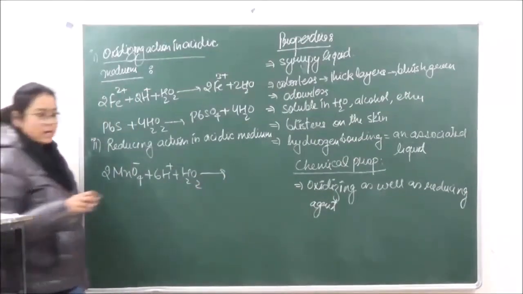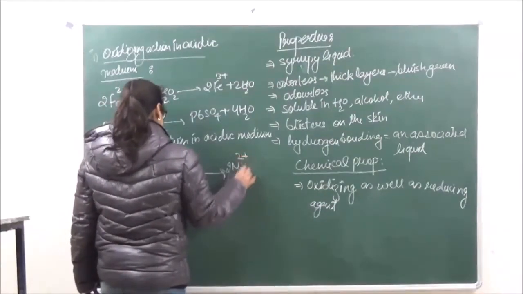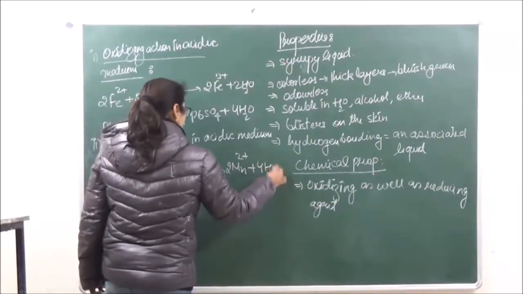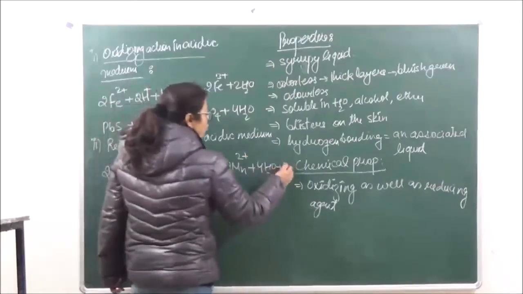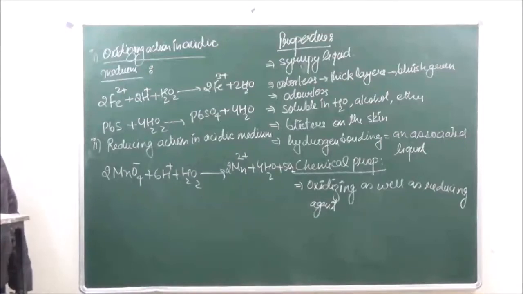This is going to be converted to manganese plus we will get over here 4H2O and we will get over here 5O2. So this is the reaction in which permanganate ion is going to be converted to manganese ion.